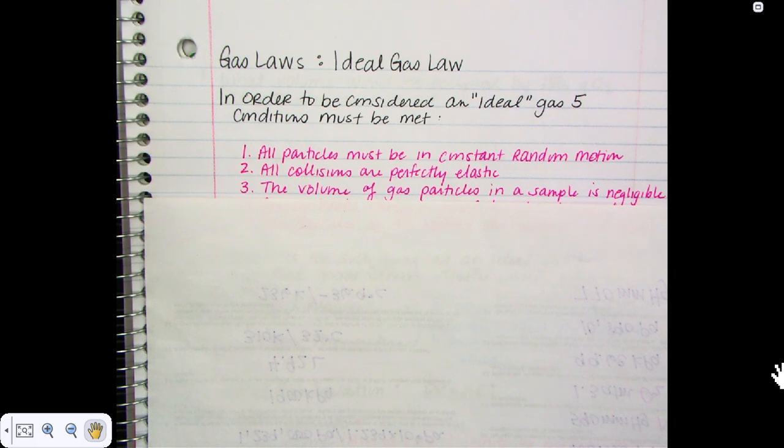When you have your gas molecules spread out over a far distance, the volume of one particular molecule or atom is rather irrelevant because in comparison to the larger space, it's so tiny, it's negligible.